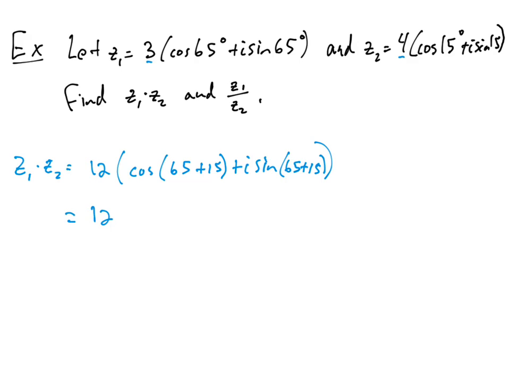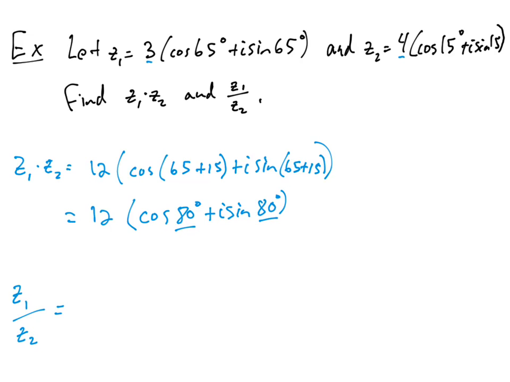We get 12 times cosine 65 plus 15 is 80 degrees plus i sine of 80 degrees. Now, this is as far as we can go if we don't have a calculator, and the reason is 80 is not a known value from the unit circle. So this is as good as we can do here. If we had a calculator, we could certainly punch in cosine of 80 and sine of 80 and simplify this a little further. But for right now, that's good enough.